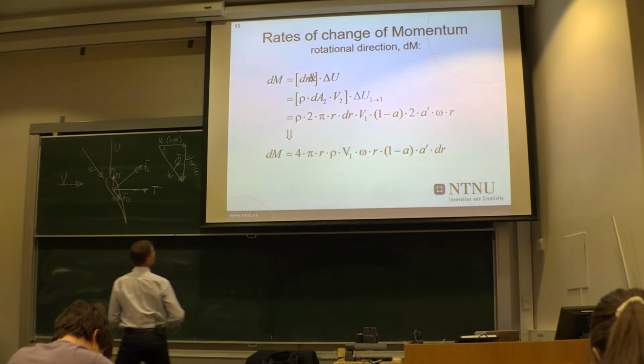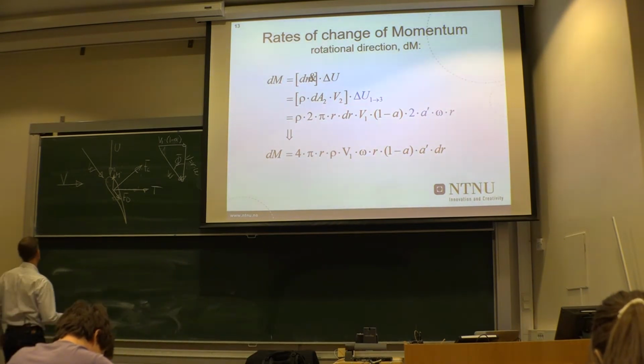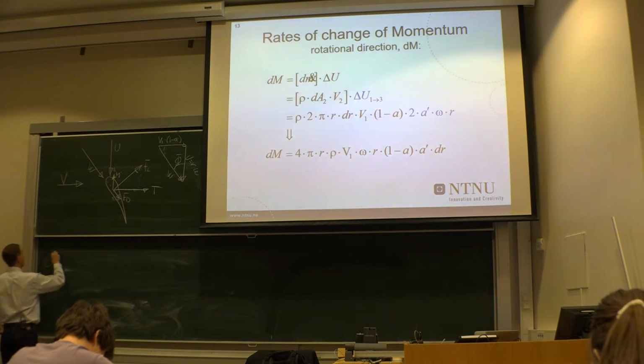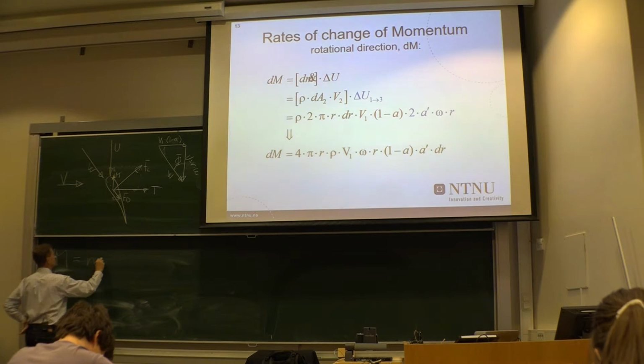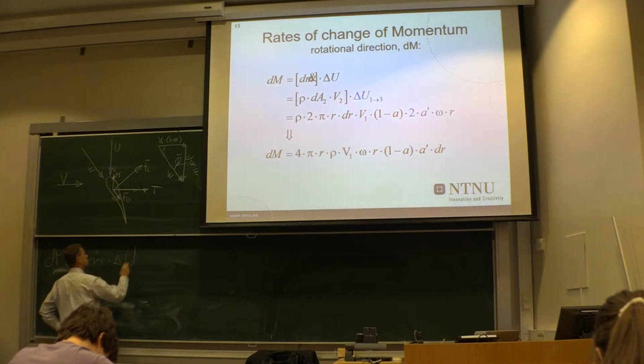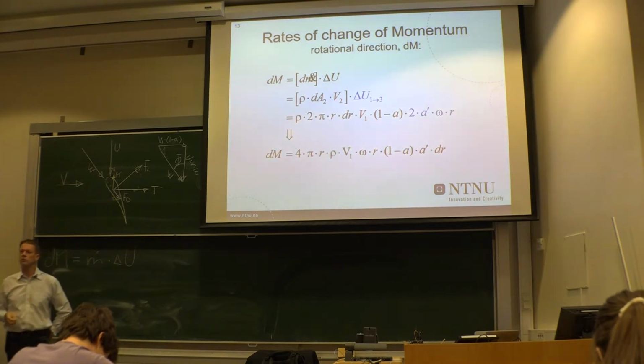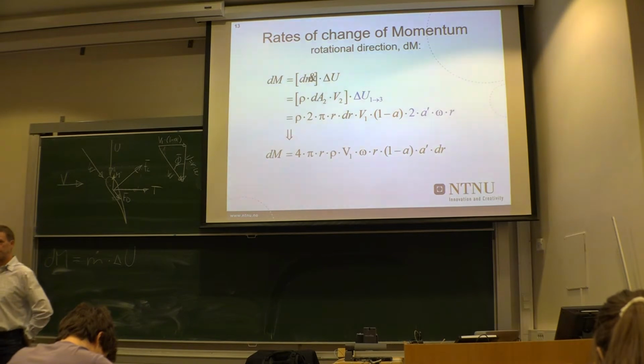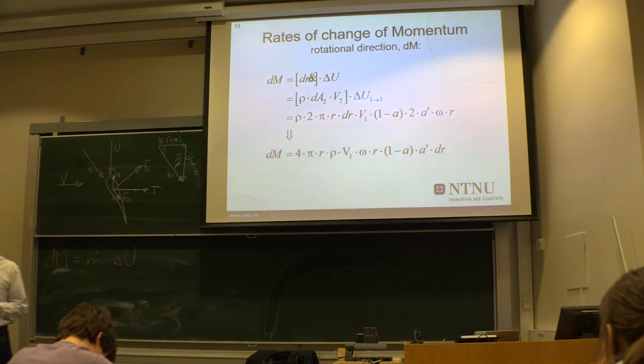So the change, the dm, the force in the torque direction, is simply mass flow rate multiplied by the change of velocity in the u direction, or rotational direction. That's the force.